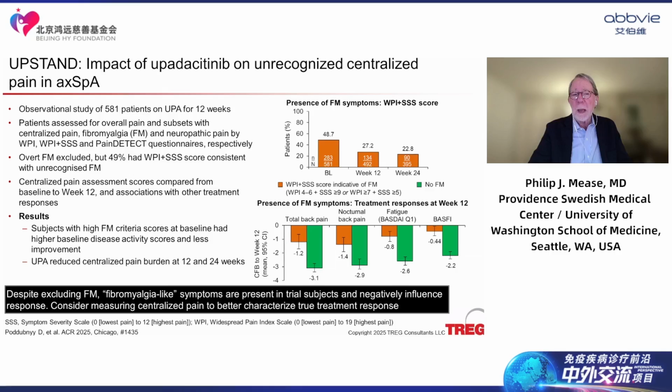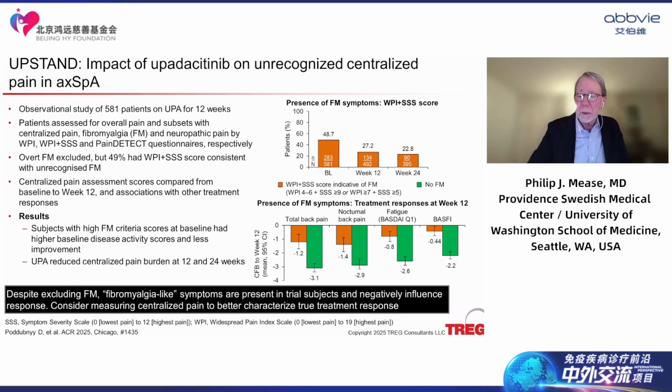nonetheless, when we actually measured using these validated questionnaires, such as the WPI, the Widespread Pain Index, and the Symptom Severity Scale, we found that 49% of the patients scored high, meaning they could have been diagnosed with fibromyalgia if we were using the questionnaire results as opposed to self-report or the physician judgment.